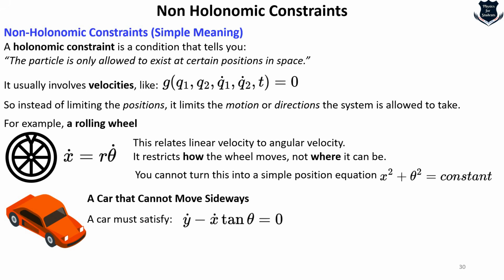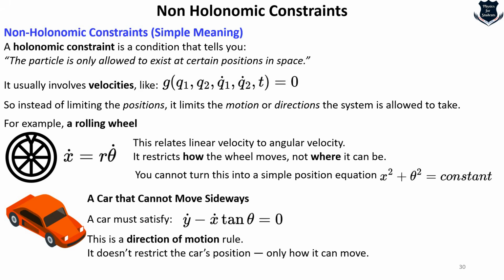It cannot move sidewise. In other words, its sidewise velocity must be 0. That is what the equation tells. So its motion in x and y must match the steering angle, which is theta. So this is the direction motion rule. It does not restrict the car's position, only how it moves.